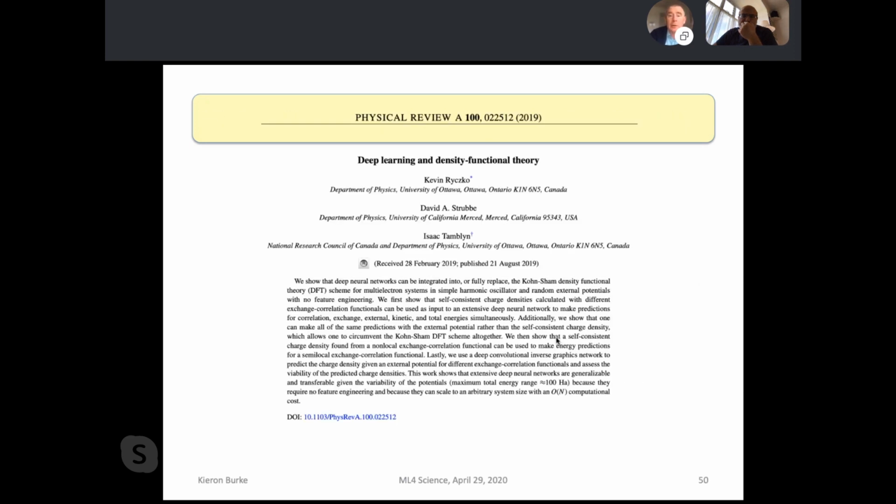Here's one from Isaac Tamblin, and one of his group members, and David Strube, where they're using neural networks. They're younger. They are better at the neural networks in order to find density functionals. And one of the things I like to emphasize is some people say, well, if you're working on this stuff, maybe I don't want to get into this field.